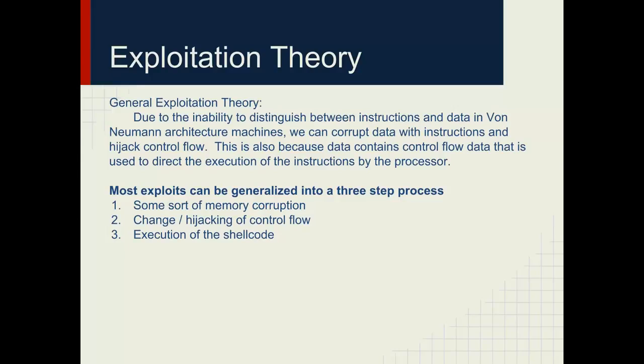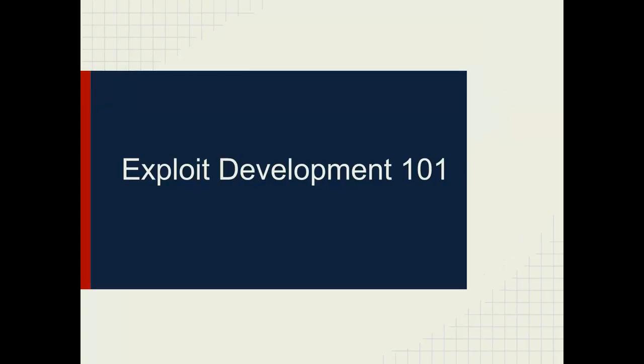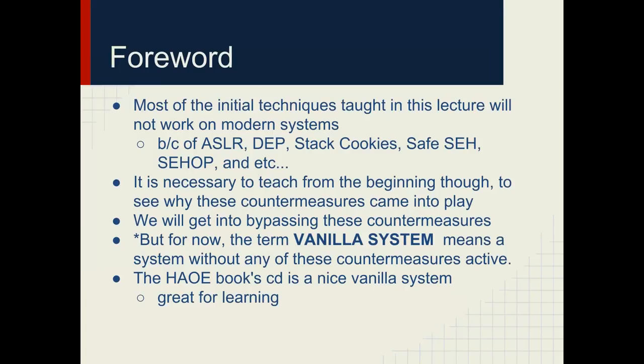So most exploits can be generalized into a three-step process: some form of memory corruption, some form of attacking, targeting whatever stores the control flow data in the process memory space, and hijacking that to point to malicious instructions, or perhaps pull off malicious computations, and we'll cover that later in the code reviews.